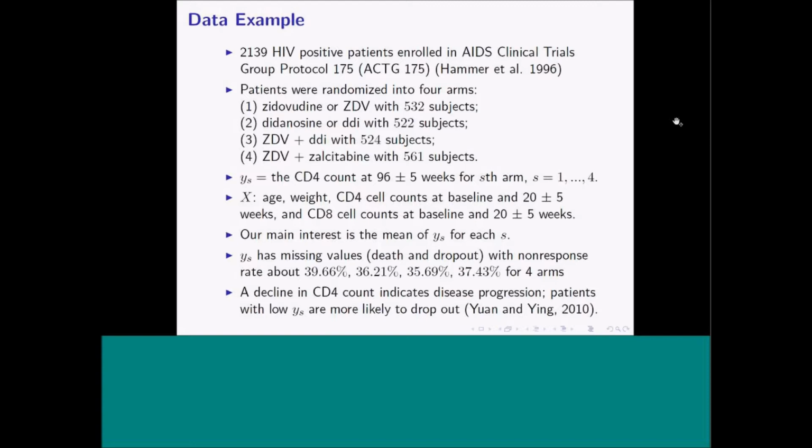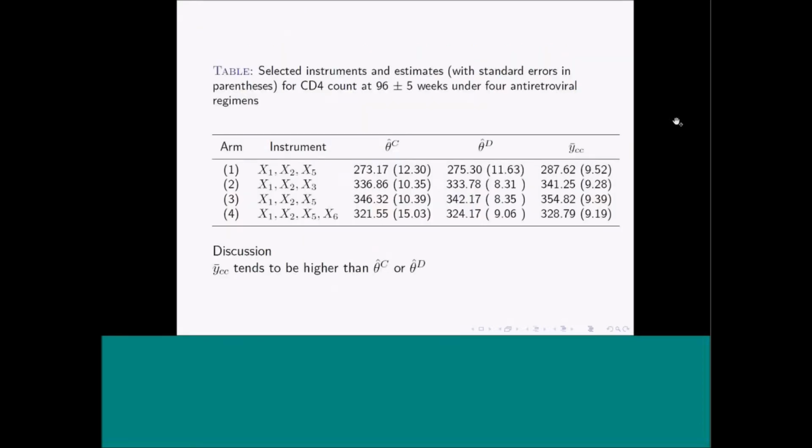Given these variables, age and weight are not really important in predicting whether or not this person will be a non-responder. However, they are still useful for predicting the Y value, the CD4 count. So that characteristic is exactly the one that we are looking for.